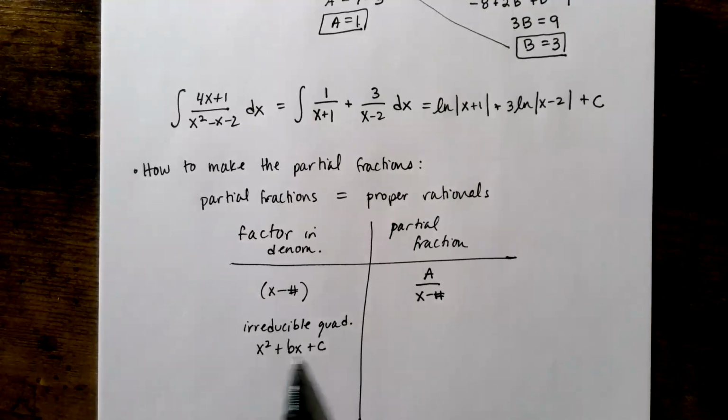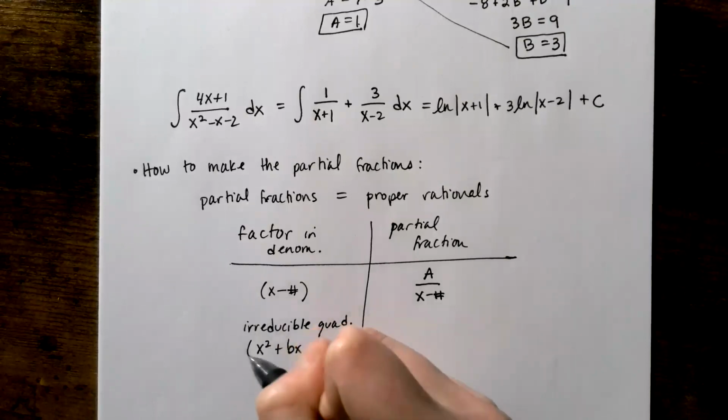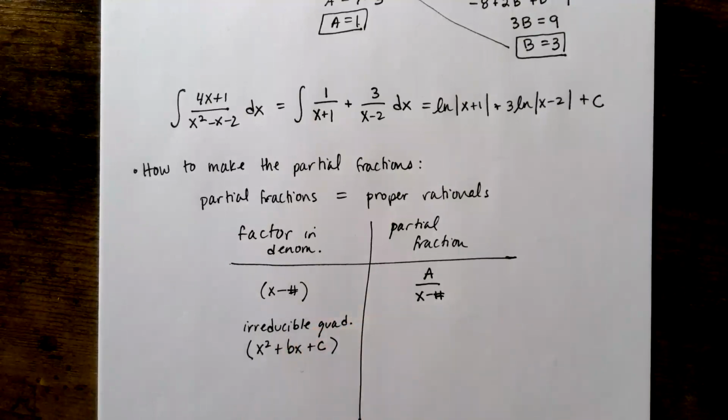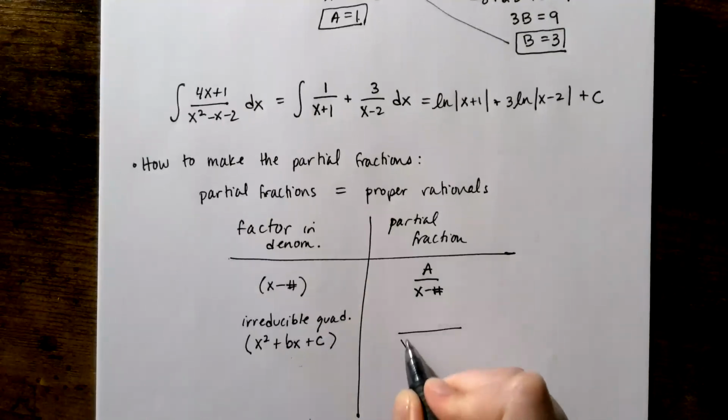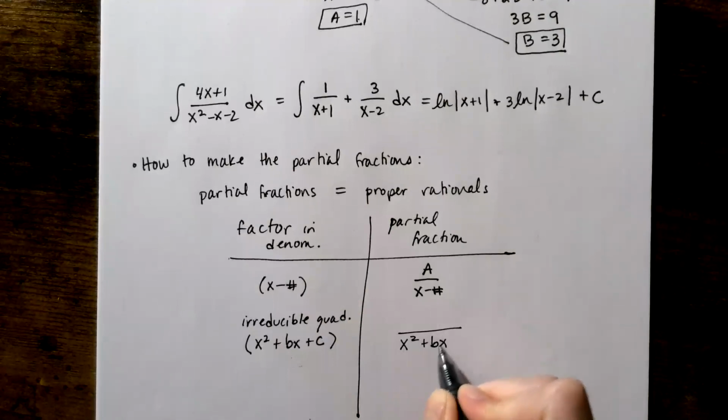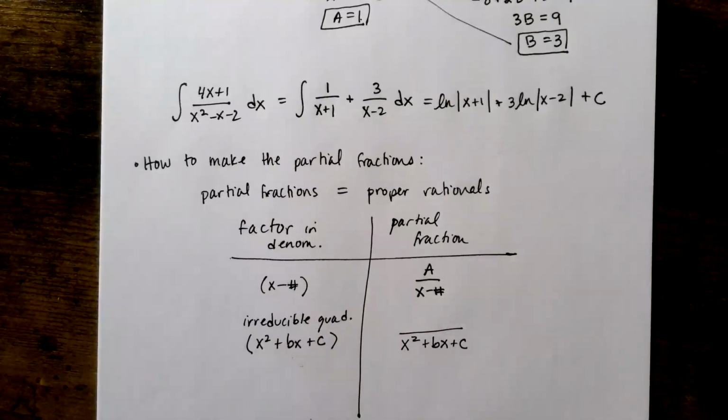So if you do have one of these as part of the factored form of your denominator, then that whole thing is going to be one of the denominators of the fractions. And we said the partial fractions have to be proper, but here the degree of the bottom is 2.